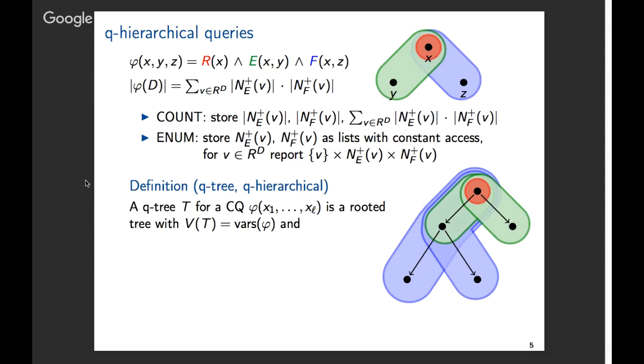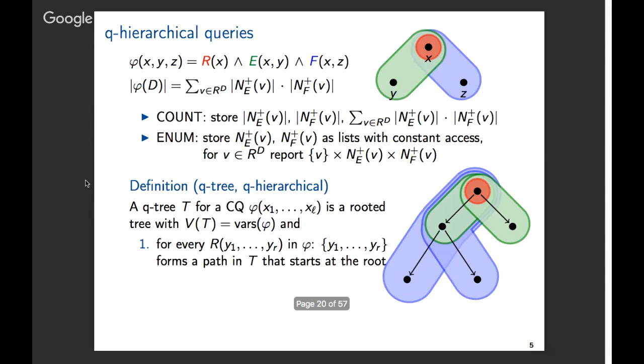Let's assume that we have a tree where the vertices of the tree correspond to the variables of the query. Such a Q-tree has the following property, namely that every relation symbol occurring in the query forms a directed path in this tree that starts at the root. This is just the definition of hierarchical queries that occurred, for example, in the setting of probabilistic databases, where they characterized tractable queries.